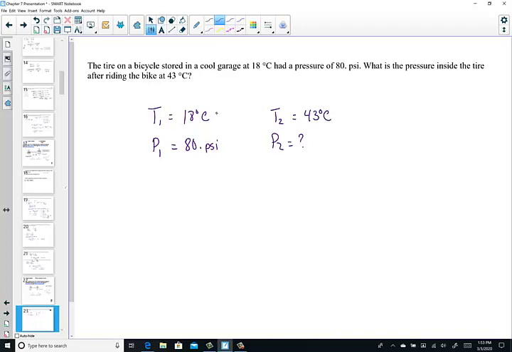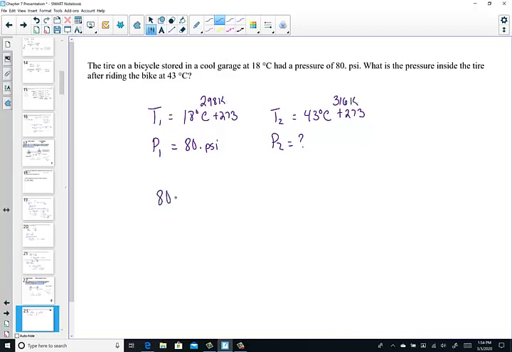What would the new pressure be? Well, before I go on, I want to make sure that I remember to convert into Kelvin. So my 18 Celsius converted to Kelvin units is actually 291 Kelvin units. And 43 converted into Kelvin gives me 316 Kelvin units.